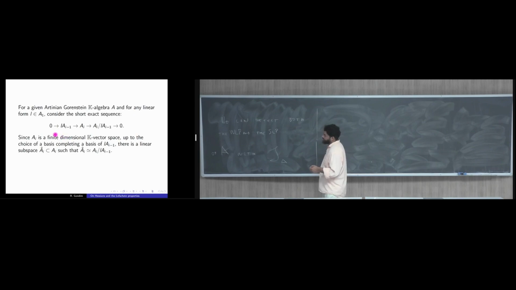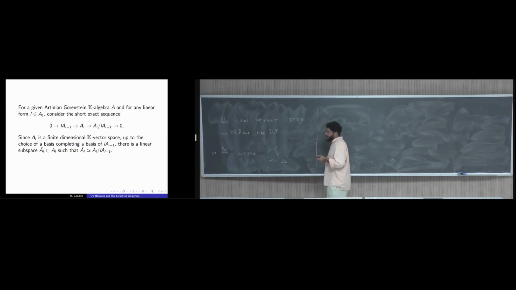We take the multiples of L in degree I, so they come from the multiplication of degree I minus 1 by L, and we have this quotient as a co-kernel.